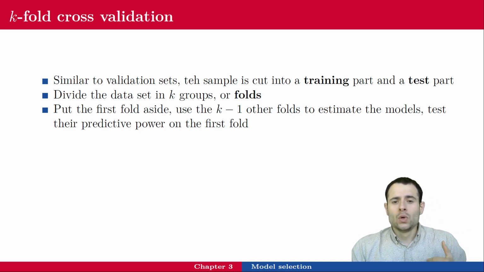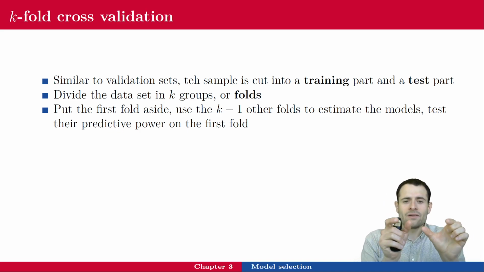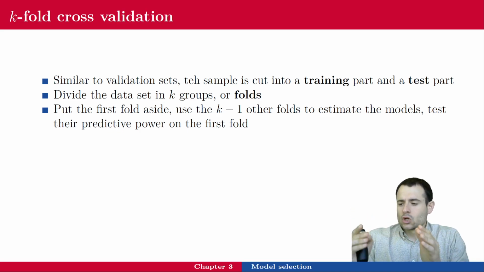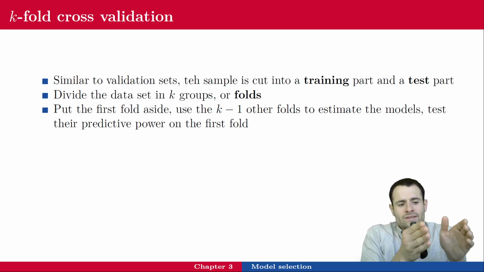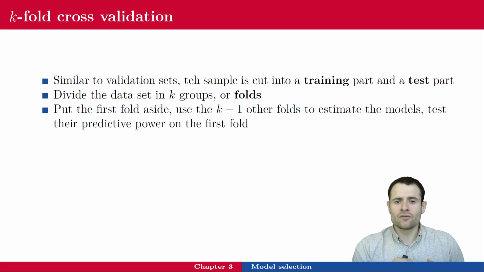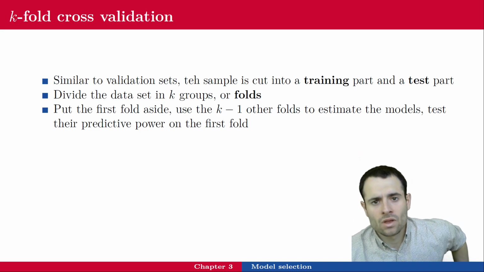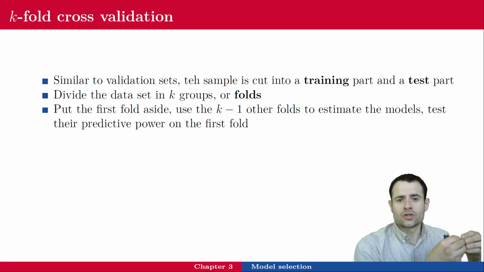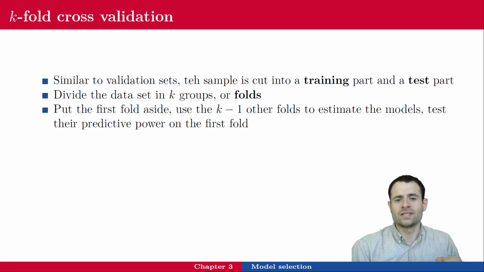So far, it's the validation set approach, but instead of being half and half, training is going to be rather big, and test is going to be a rather small fraction of that sample. But so far, same thing. You can compute the test MSE on that first fold, and you get one test MSE.